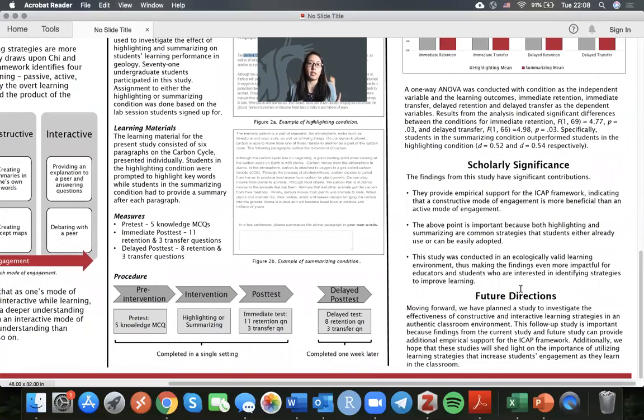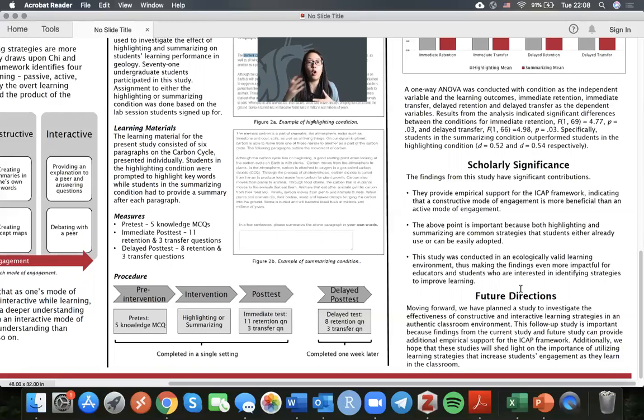Moving forward, in this study we looked at the active and the constructive modes. Next, we're interested in examining constructive versus interactive modes of engagement. This follow-up study is important because the findings can provide additional empirical support for the ICAP framework, and support from an ecologically valid perspective.